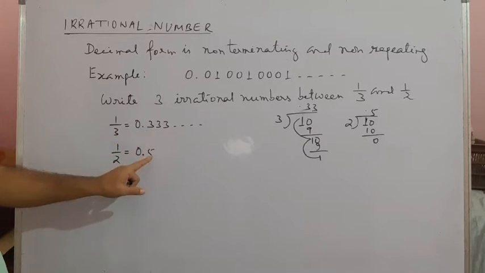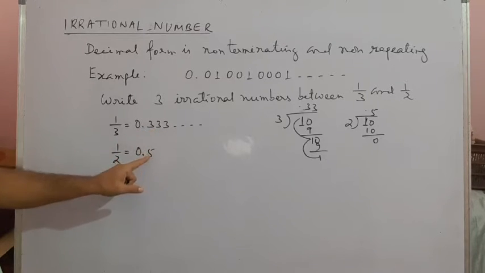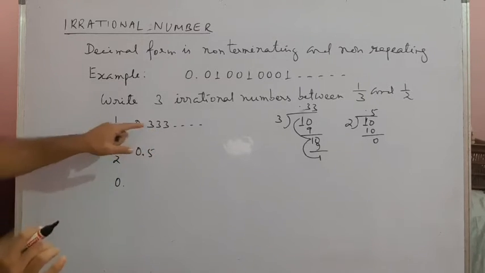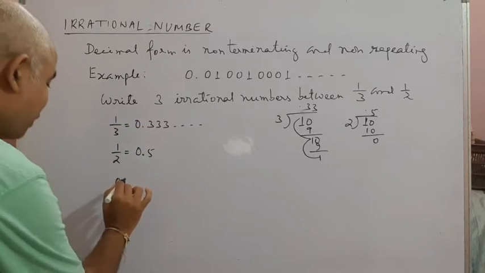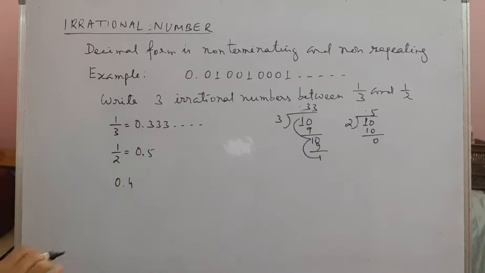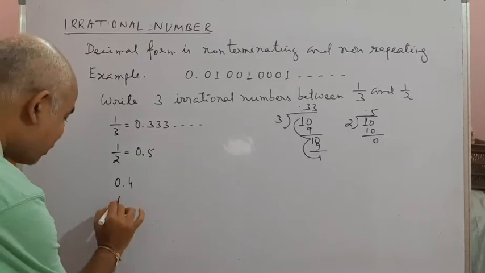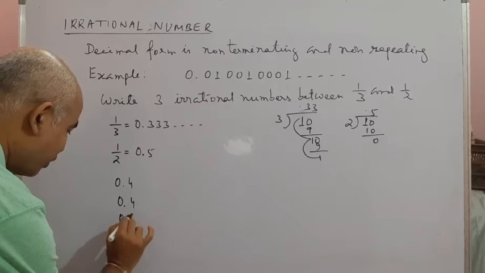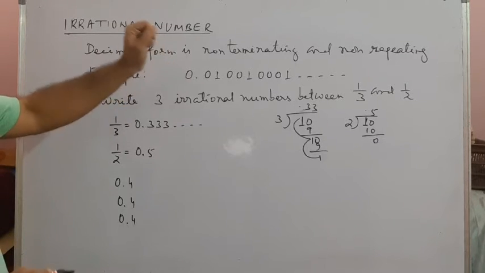Suppose both digits were the same, say 3 and 3, then you would consider two digits together, like 33 and 30. But between 3 and 5, we can have a digit. Which digit? We have 4. We are asked to write 3 irrational numbers, so I write 0.4 three times. Now make it non-terminating and non-repeating.